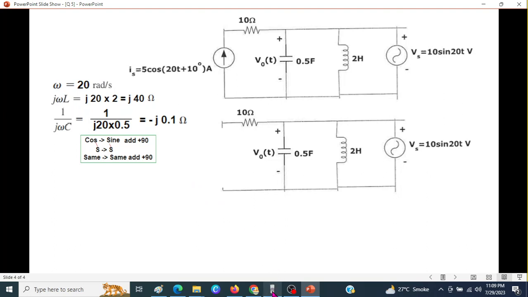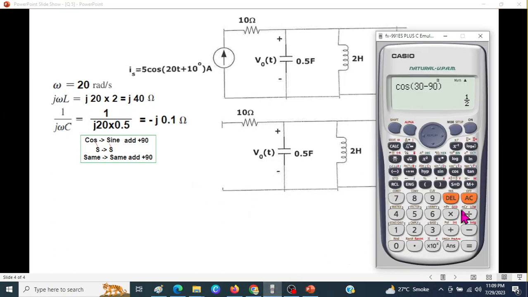There is a simple technique. Use your calculator and write first of all sine and take any angle. So I'm taking 30. Sine 30 is equal to half. And now we'll take cosine 30. Now the question is whether we add 90 or subtract 90.